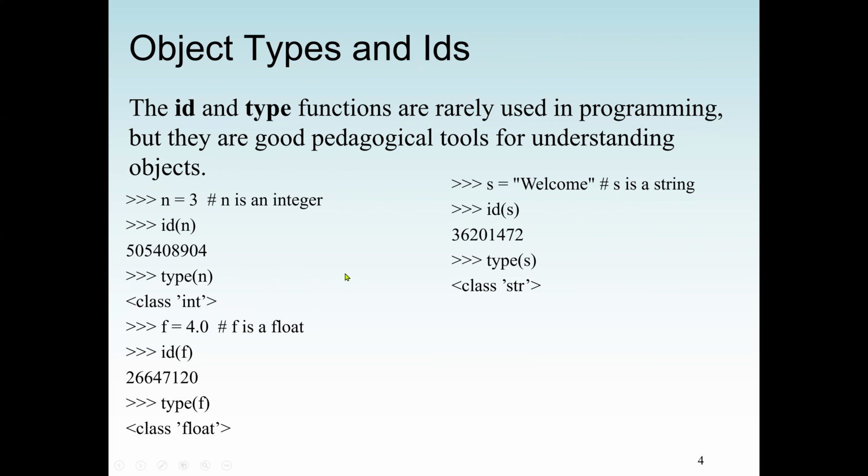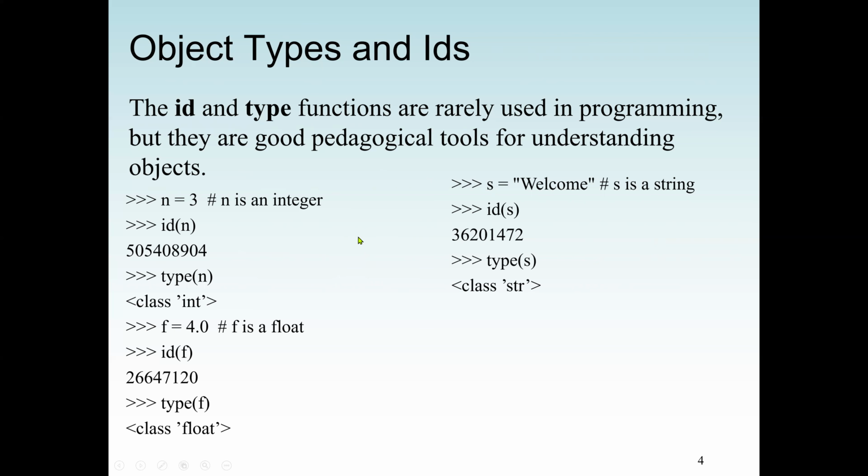This is an example of using the id and type functions. But normally we don't use these 2 functions often. They are rarely used in programming, because most of the time we don't need the unique number of the variables or objects in our program. Also, the type depends on the type of data we store.